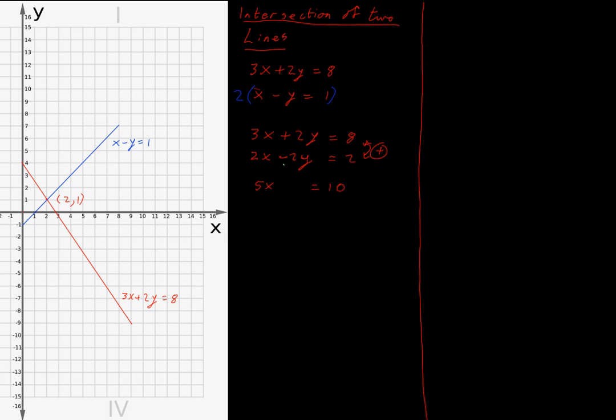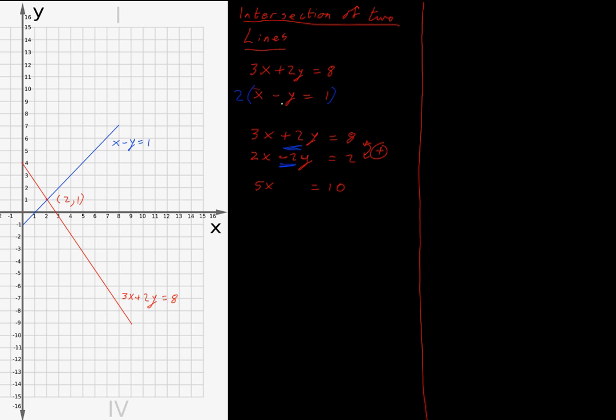It can be x or y, but I'm aiming for this situation that I've got here, where I have plus 2y here and minus 2y on my bottom equation, because when I add those together I get 0y.